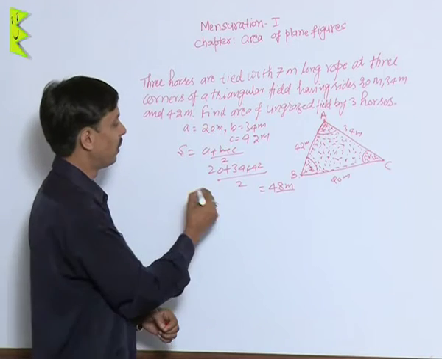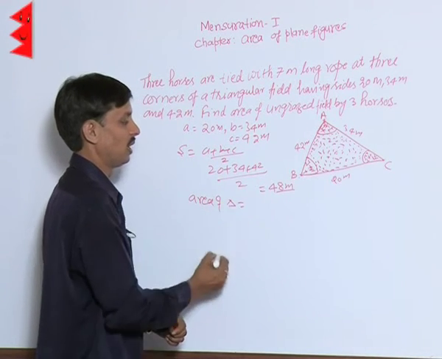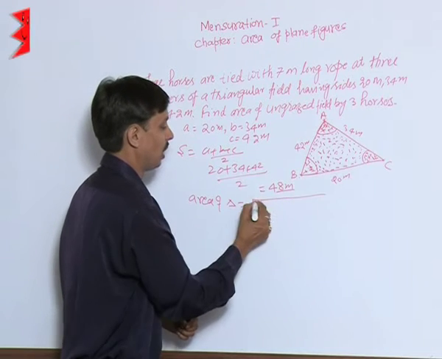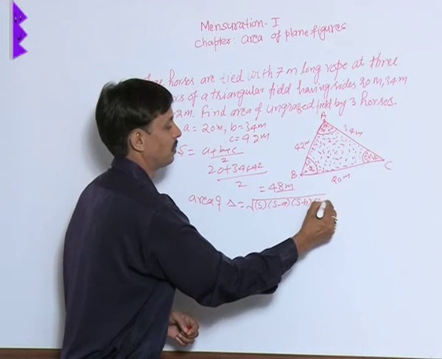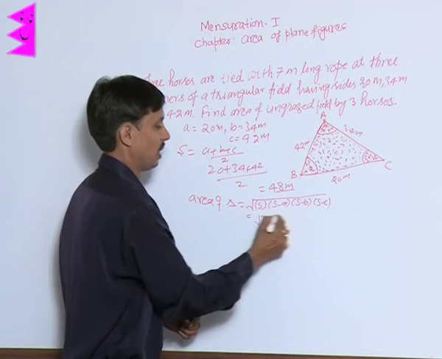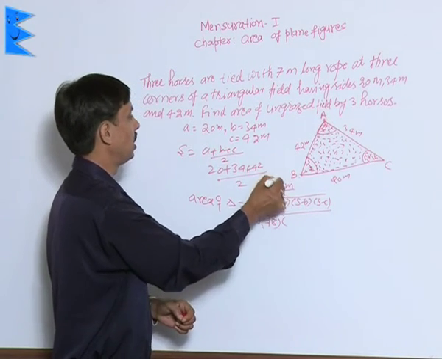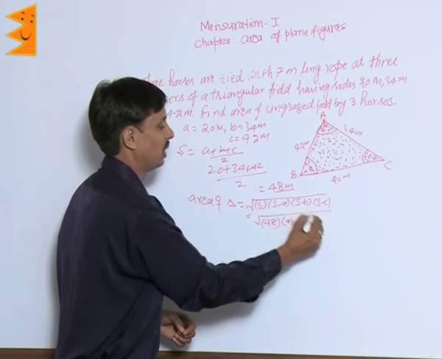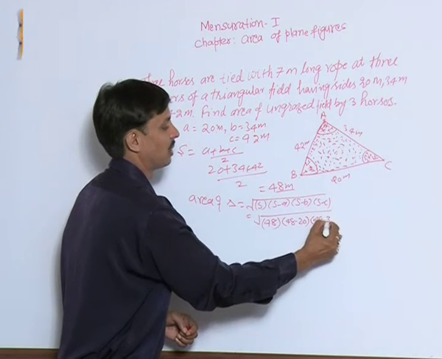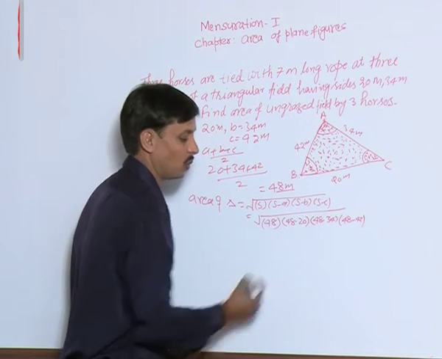We know that by Heron's formula, the area of triangle is equal to root of s into s minus a, s minus b, s minus c. That is, s is 48, s minus a is 48 minus 20, then 48 minus 34 and then 48 minus 42.